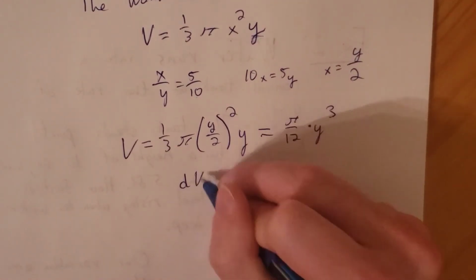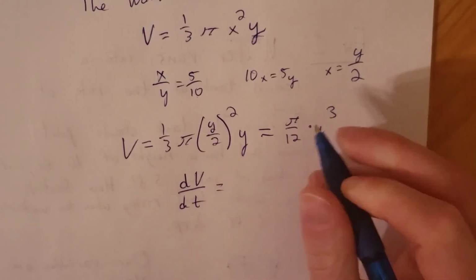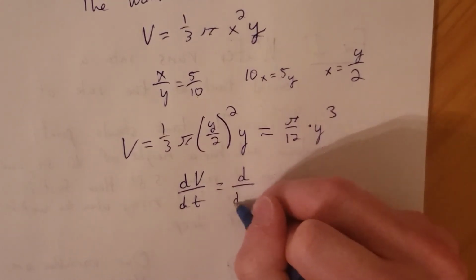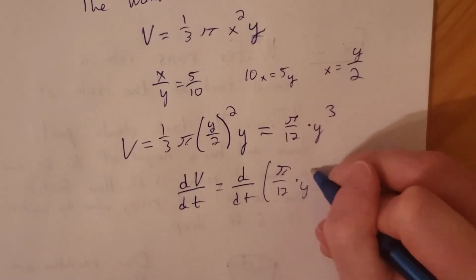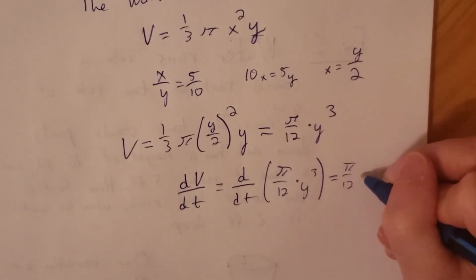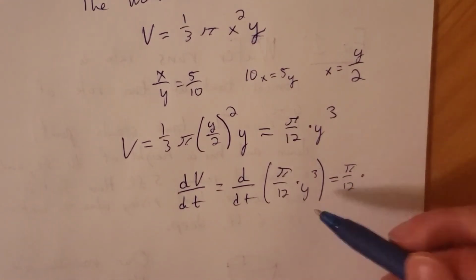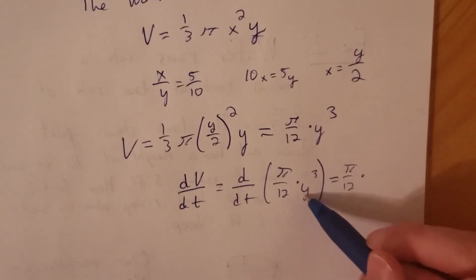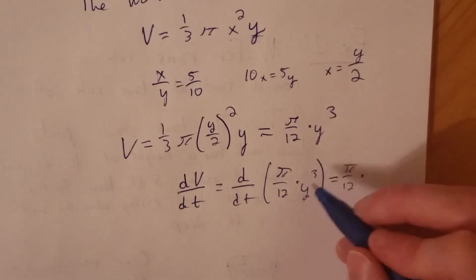So take the derivative of the left-hand side, we get dv dt. Take the derivative of the right-hand side. This is the derivative with respect to t of pi over 12 times y cubed. Well, what is that? This is pi over 12 times the derivative of y cubed with respect to t. Notice that y is a differentiable function with respect to time, right? We said that already.